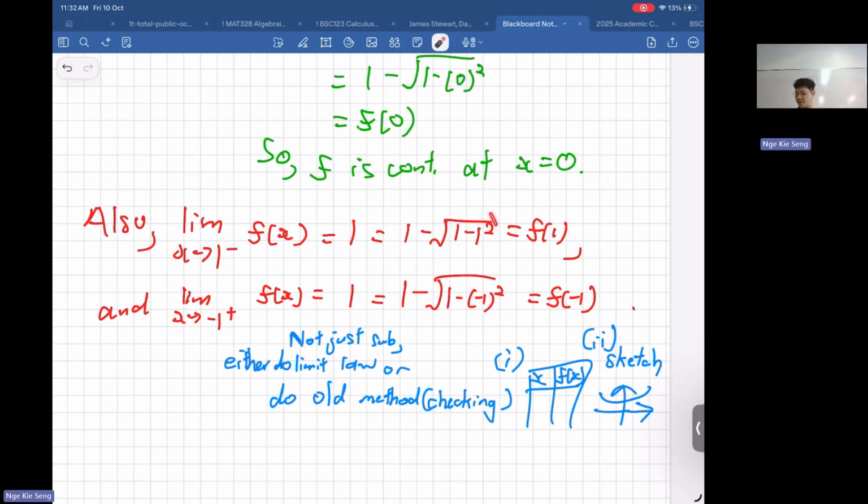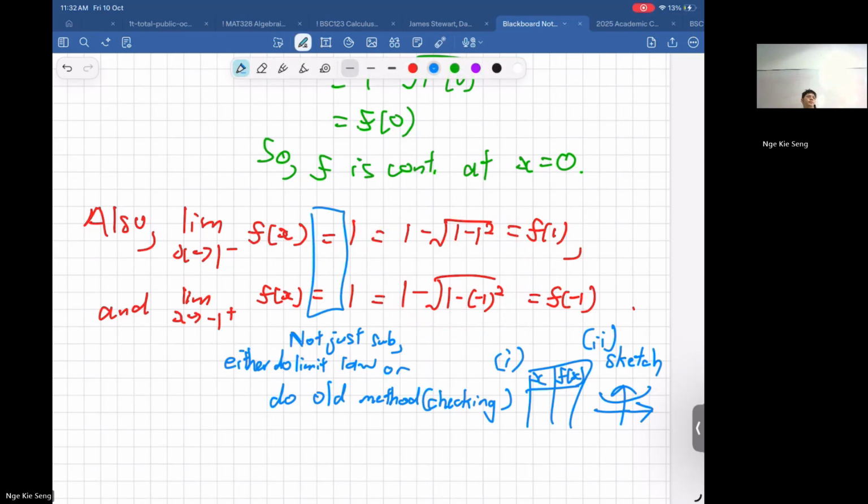I don't want to confuse you, so I maybe put it like this. Actually there's something happening here, so you need limit law. Agree? Don't agree?